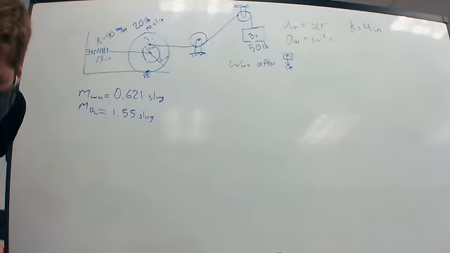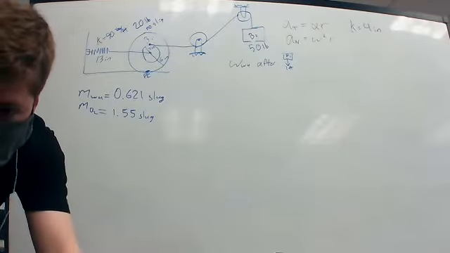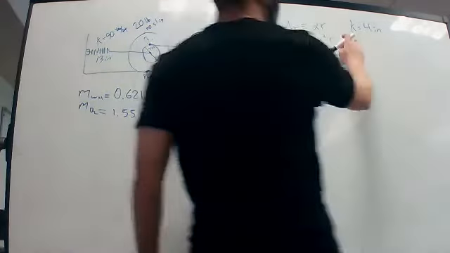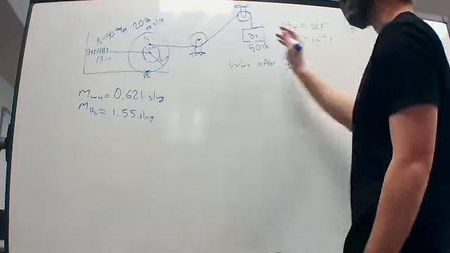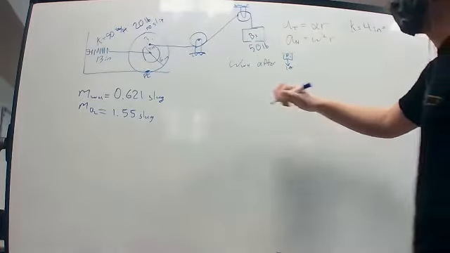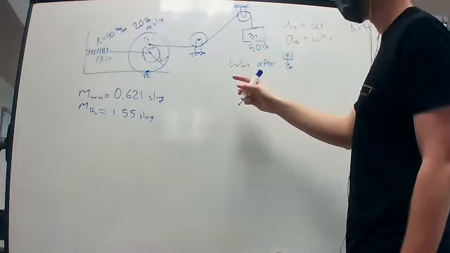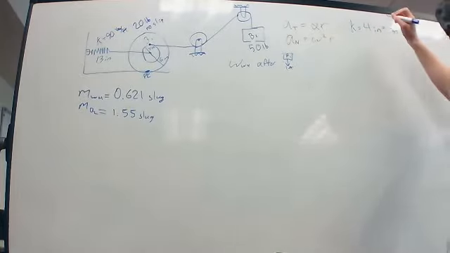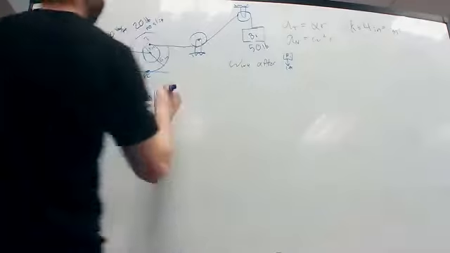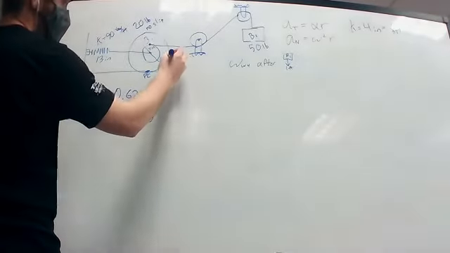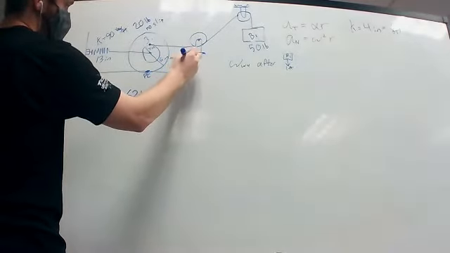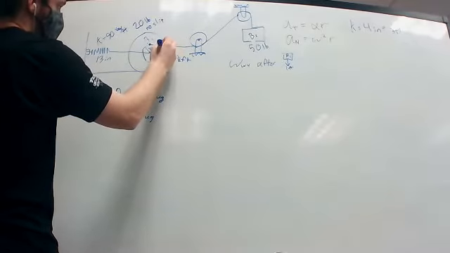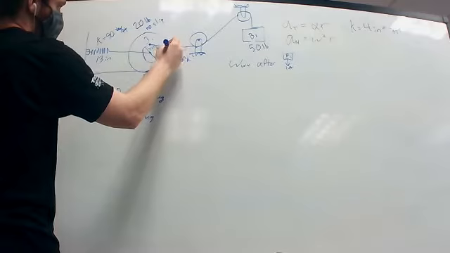We also know we can express this K value in terms of feet because that's the units that some of our other things are given in. So this is going to be 1/3 of a foot. And we can say 6 inches here is equal to 1/2 a foot, and 3 inches here is equal to 1/4 a foot.